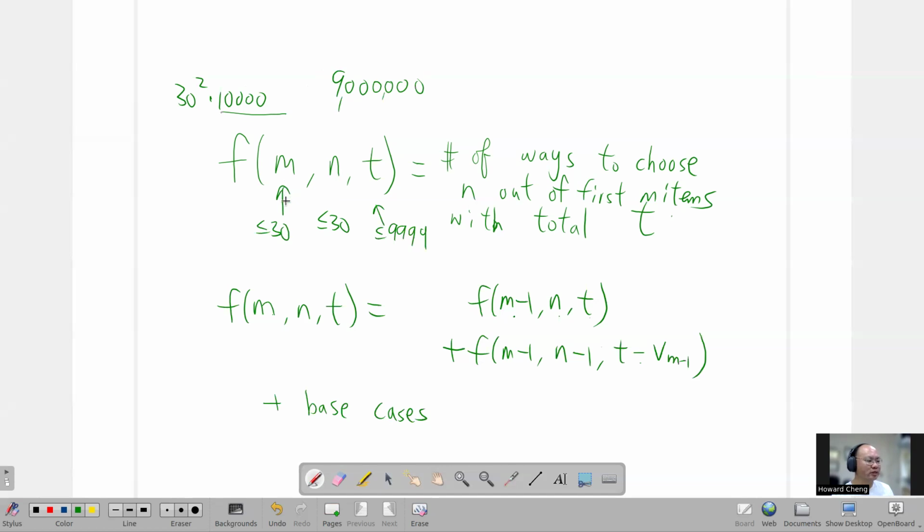Okay, so now it turns out that this is not good enough because if you have 500 cases, it's too big. And we want to somehow make this smaller. So what are we going to do?